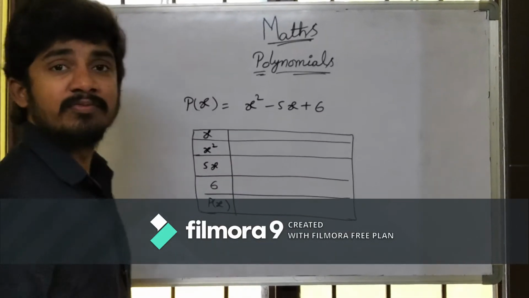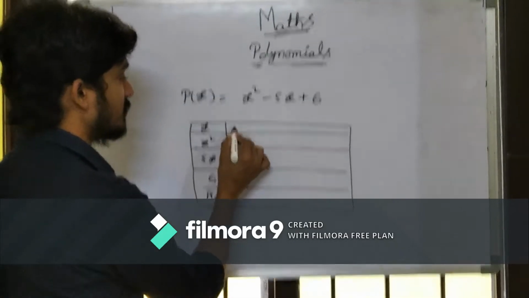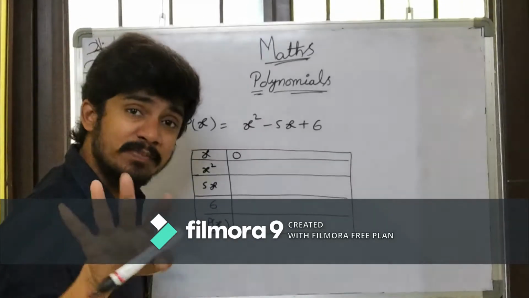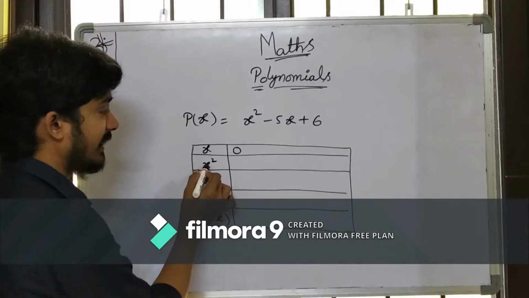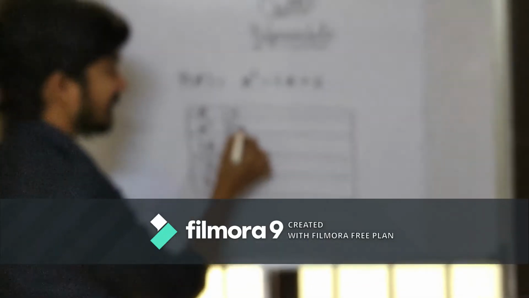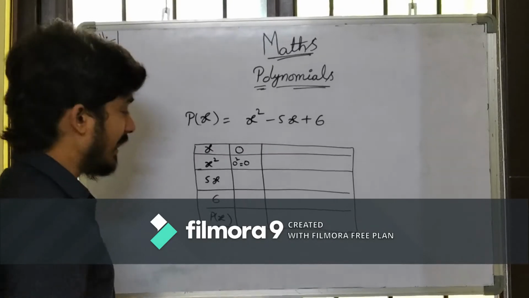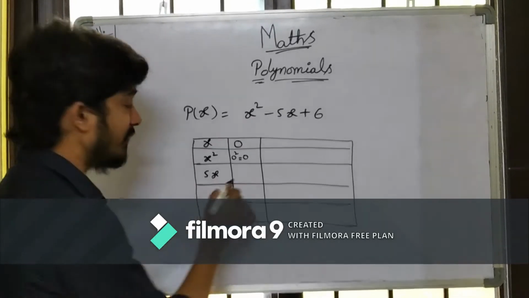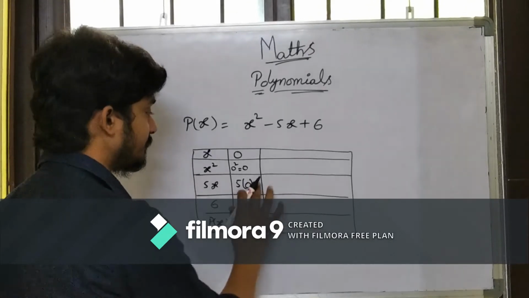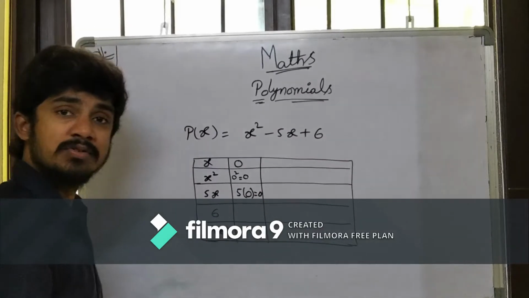If x equals 0, then p of x means p of 0. Here x square value is 0 square, which equals 0. Next, 5 into x means 5 into 0, which equals 0.